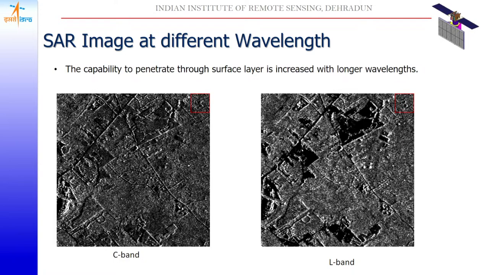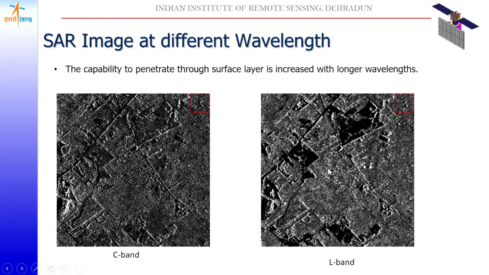So we have the SAR image at different wavelengths, you can see. This is C band and L band. You can see the C band SAR image looks like this, and the L band looks slightly smoother because it can penetrate.